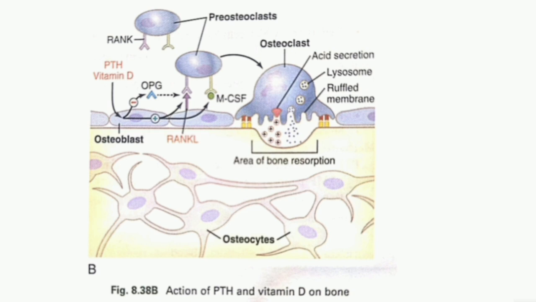See over there, osteoclast, acid secretion, lysosomes are released, and the membrane gets filtrated. Thereby, finally, the calcium removed from the bone is added to serum calcium levels. Bone calcium is maintained.